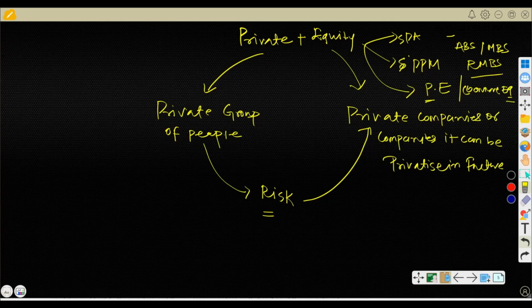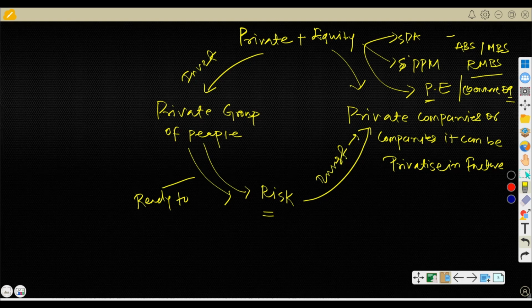So now you can relate: a private group of people who are ready to invest, ready to take a risk, and want to invest only in private companies or companies that can be privatized in the near future, or else the strategy can be different.